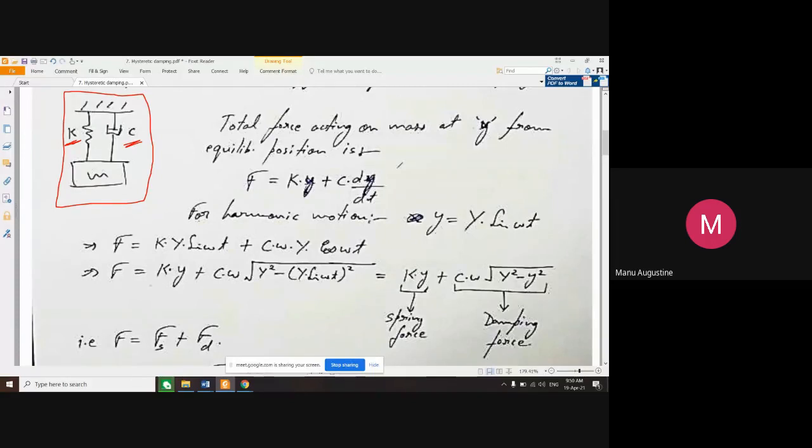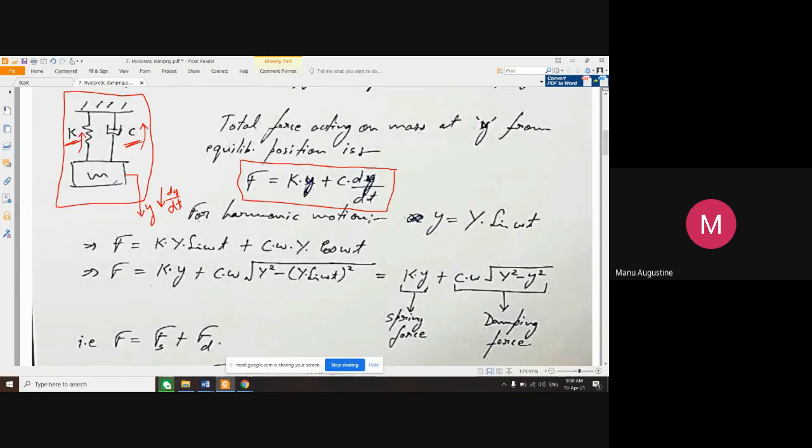But from previous discussions it should be fairly clear enough that the force of opposition, or the opposing force that is occurring at any location at a distance of y, and in this particular case you assume that the velocity dy by dt is also acting in the downward direction, so that the viscous force due to the damper is upward, and the spring force due to K is also upward.